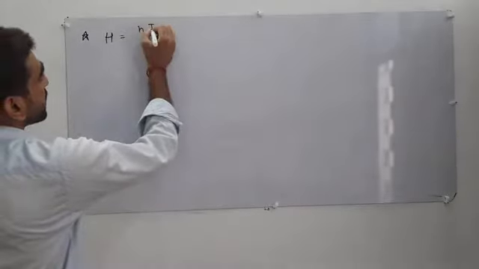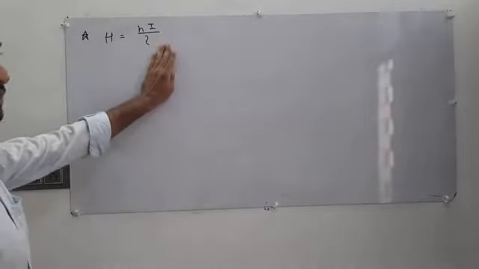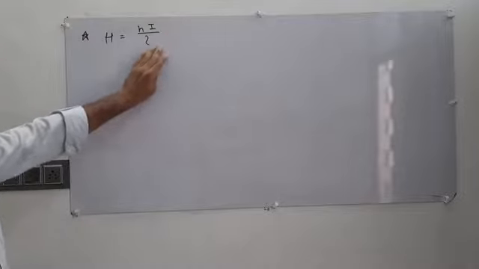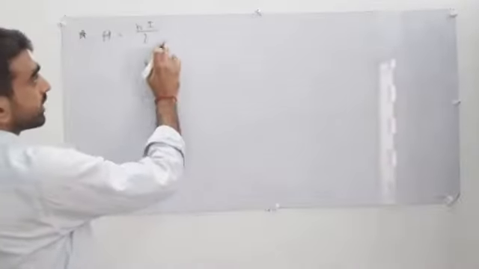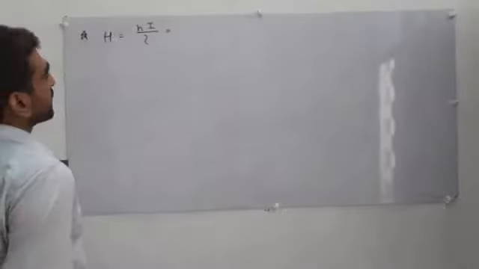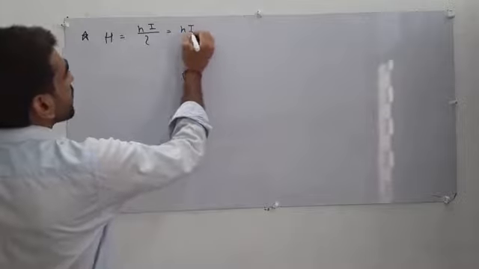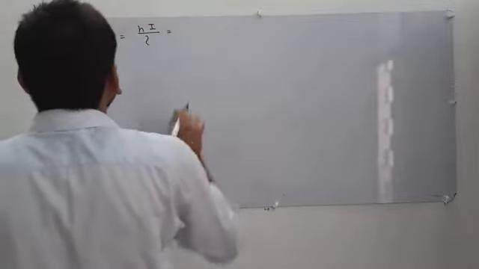N into I upon L. That means the product of number of turns and current per unit length is called H. If our length was unit, then H becomes N into I.